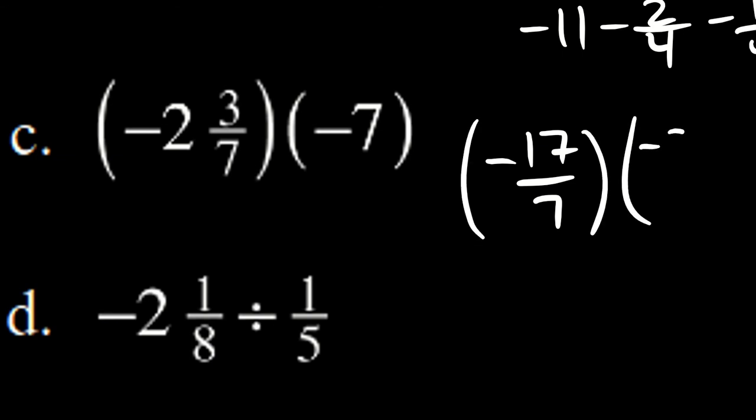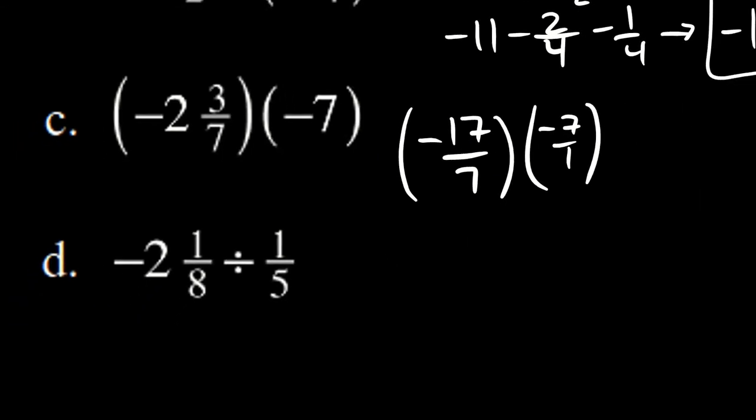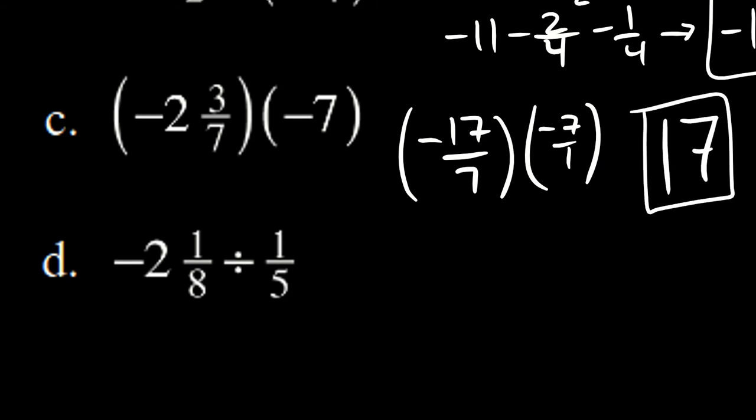That's so exciting. And the reason why that's exciting is because I was dividing by 7 and the negative 17 sevenths. So the 7 over 7 is gone. It's a giant 1. I'm left with just negative 17 times negative 1, or 17. This is the number 17. That's super nice. That looks better.